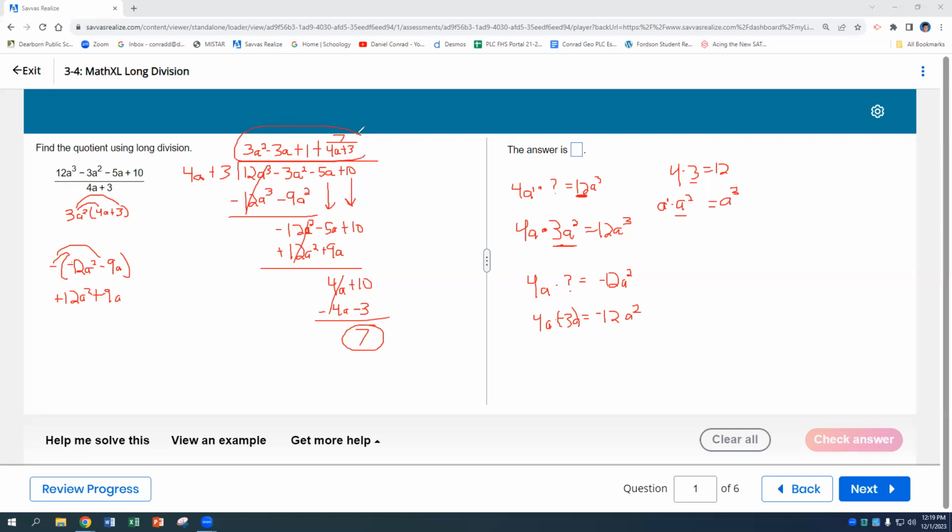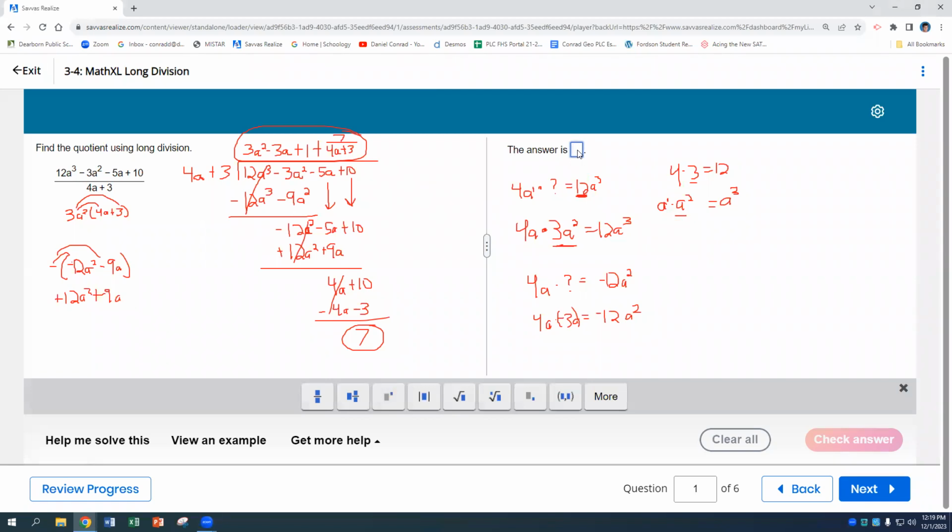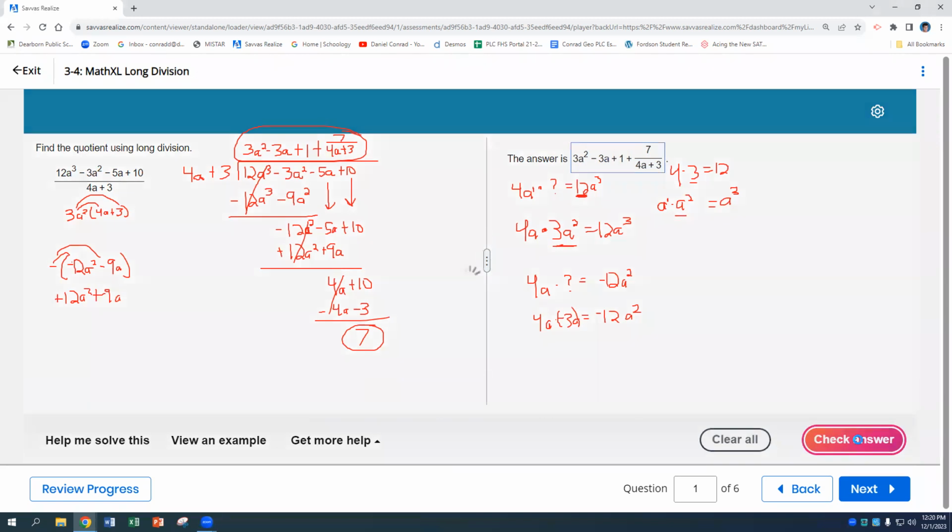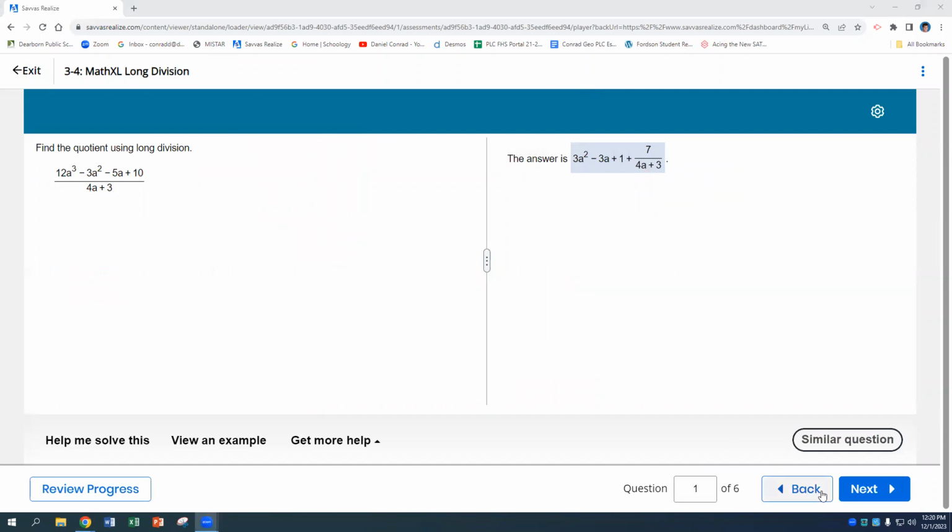So my whole answer would be 3a squared minus 3a plus 1 plus 7 over 4a plus 3. Fantastic. Okay, we'll pick up the speed a little bit on the other ones, but let's do a couple more.